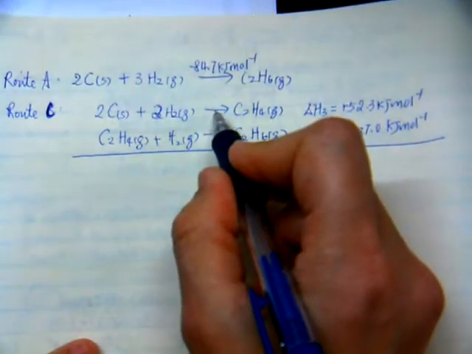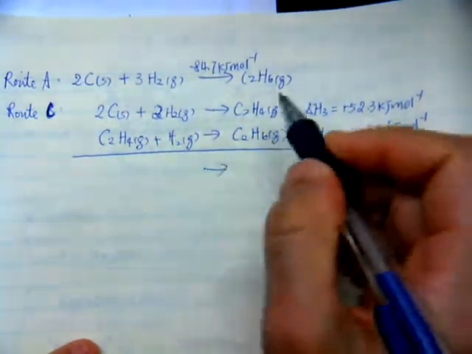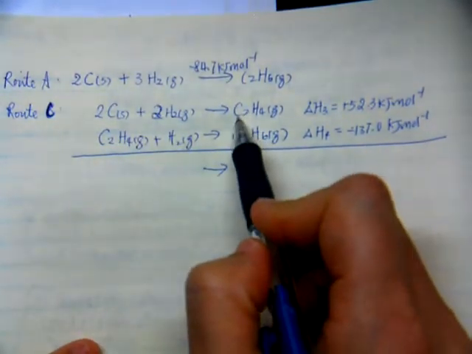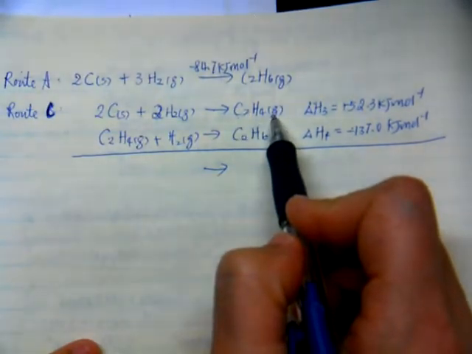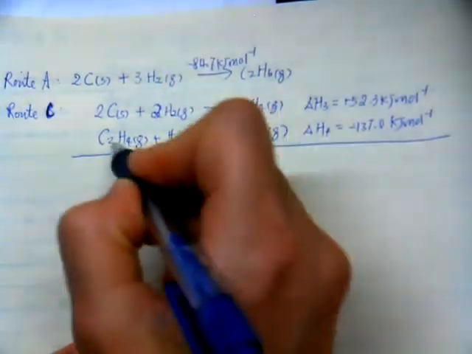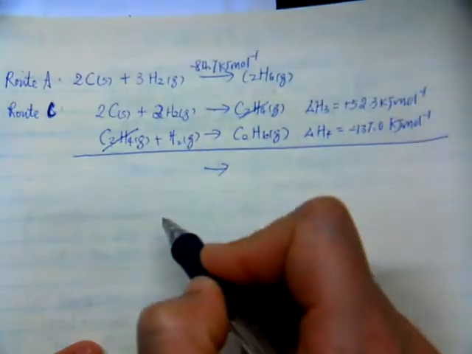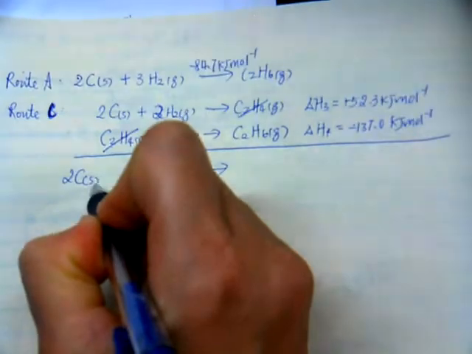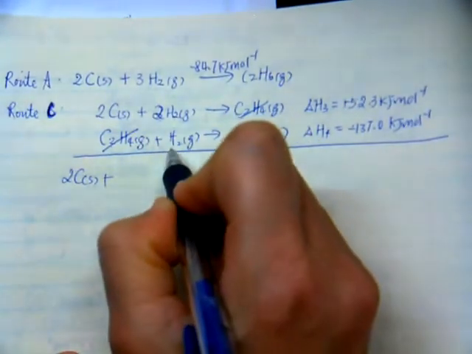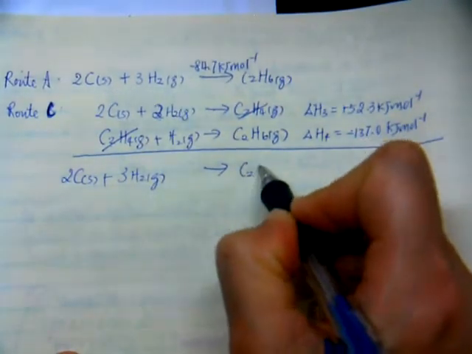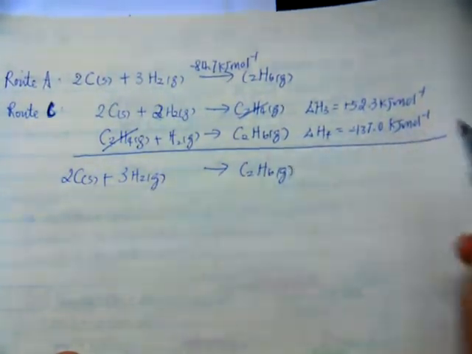Now I will sum them up. Sum means adding these two equations up. In summing the equation, you can see that there is one C2H4 on the product side, and there is one C2H4 on the reactant side. In other words, we can cancel out these two. Okay? Then after that, we have two carbon, 2 H2 combined with 1 H2, we have 3 H2, and then C2H6.